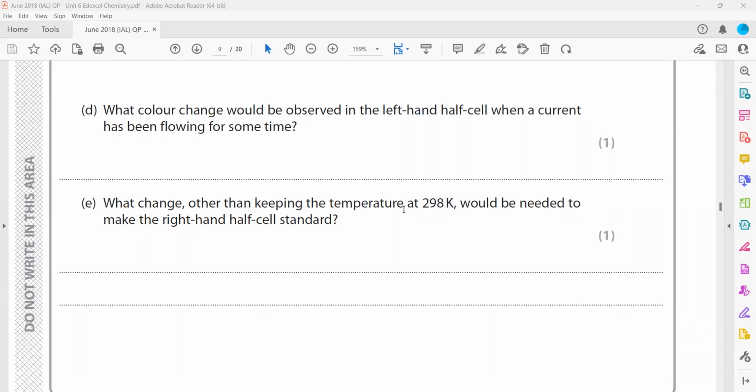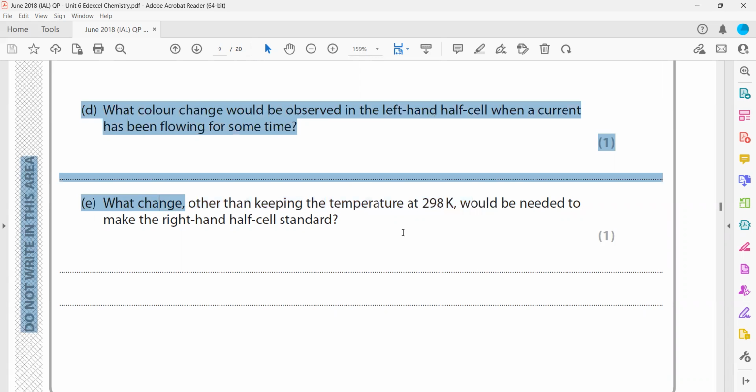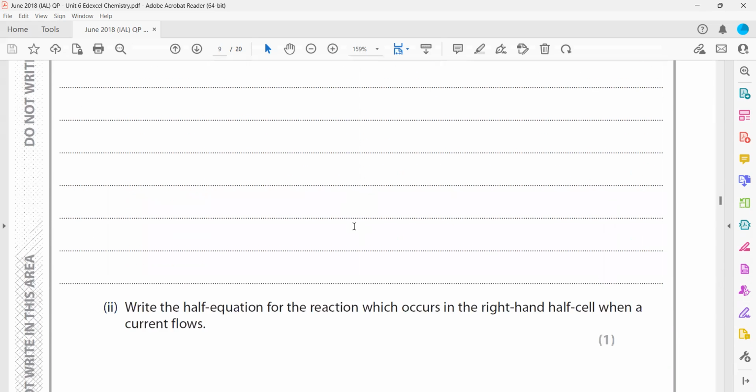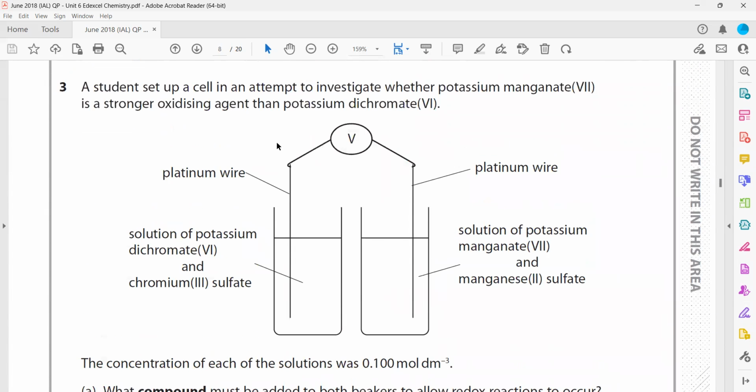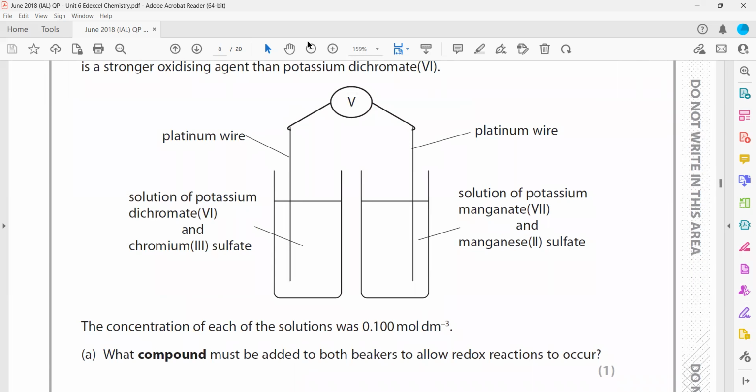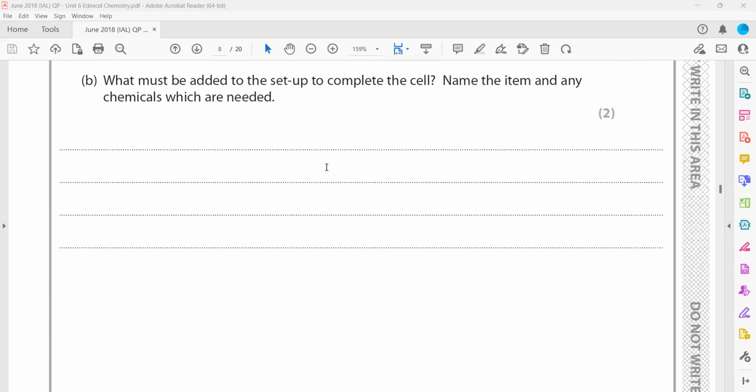What change, other than keeping the temperature at 298 Kelvin, is needed? Because we want to make standard conditions. For standard conditions, the temperature should be 298 Kelvin, the pressure should be 1 atm, and the concentration of the solution should be 1 mole per dm cubed. So if we want to make it standard, the concentration of the solution should be 1 mole per dm cubed, or the pressure should be 1 atm.